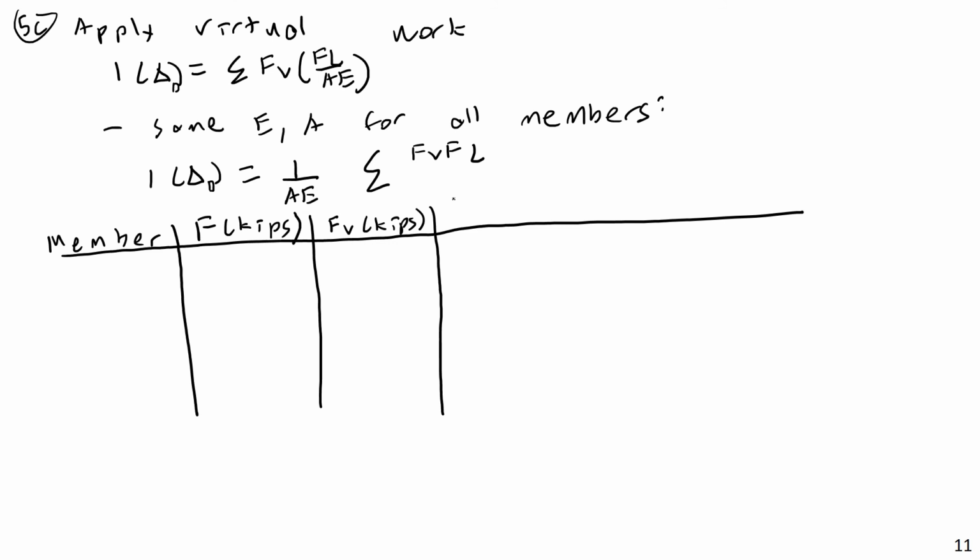Then I'll have L, the length, in inches, and I'll just multiply all this together in the last column, F times FV times L. And notice I am using consistent units across this thing. So I have AB, AC, BC, BD, and CD.